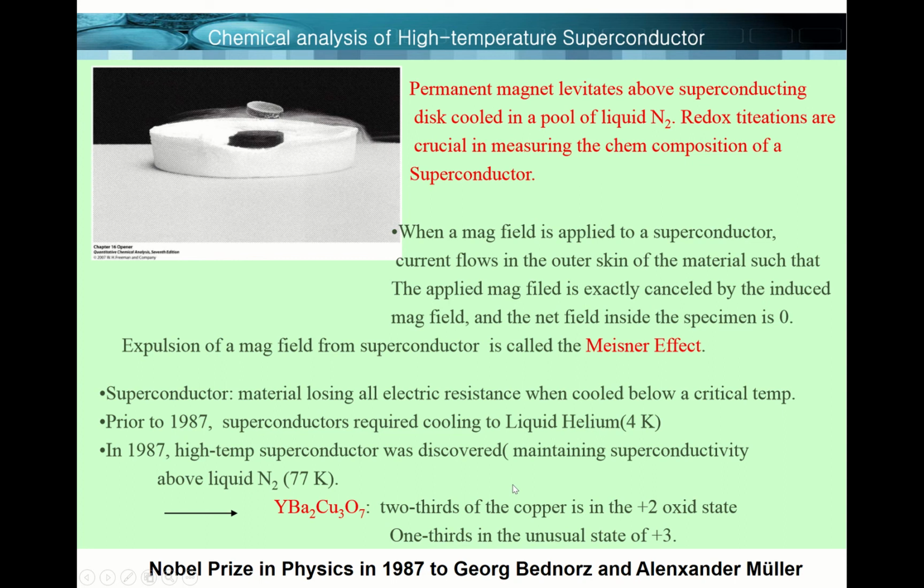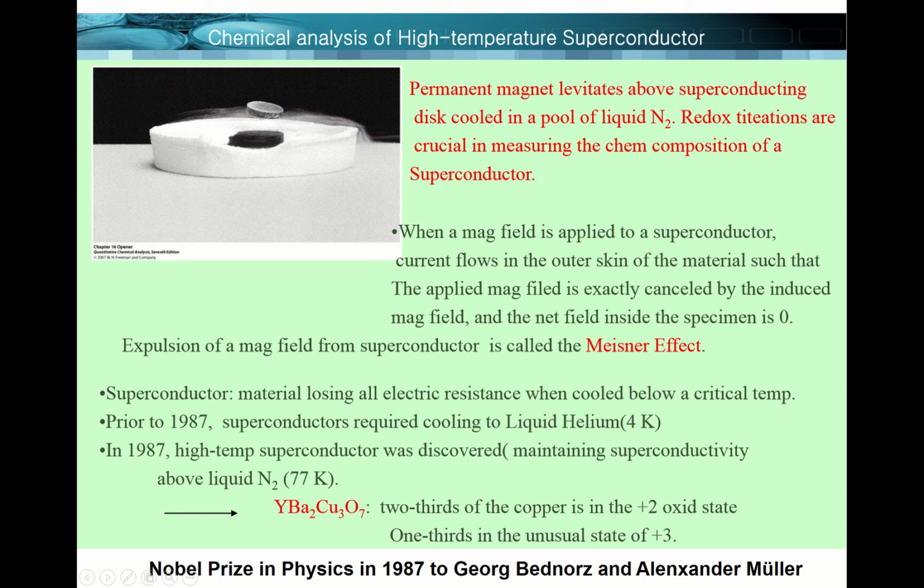But when they lowered the temperature with liquid nitrogen, whose boiling point is 77 Kelvin, they found that suddenly the resistance of this material was gone.